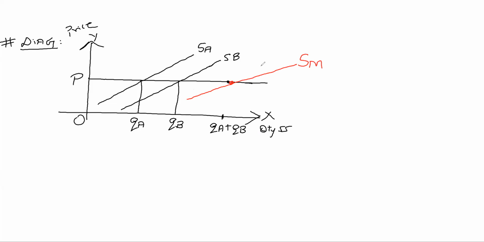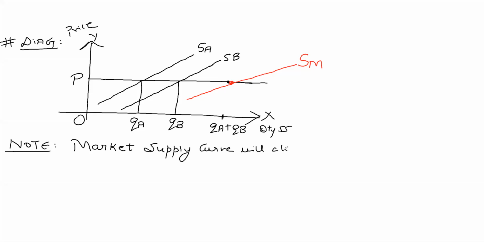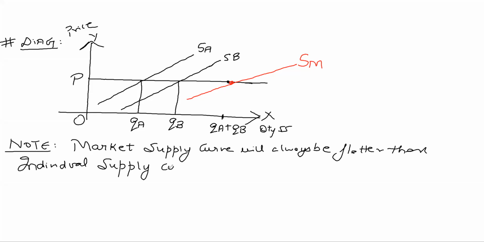So one point of note which all students can write: the market supply curve will always be flatter than the individual supply curve. Since it's the horizontal summation of individual supply curves, it will always be flatter than the individual supply curve.